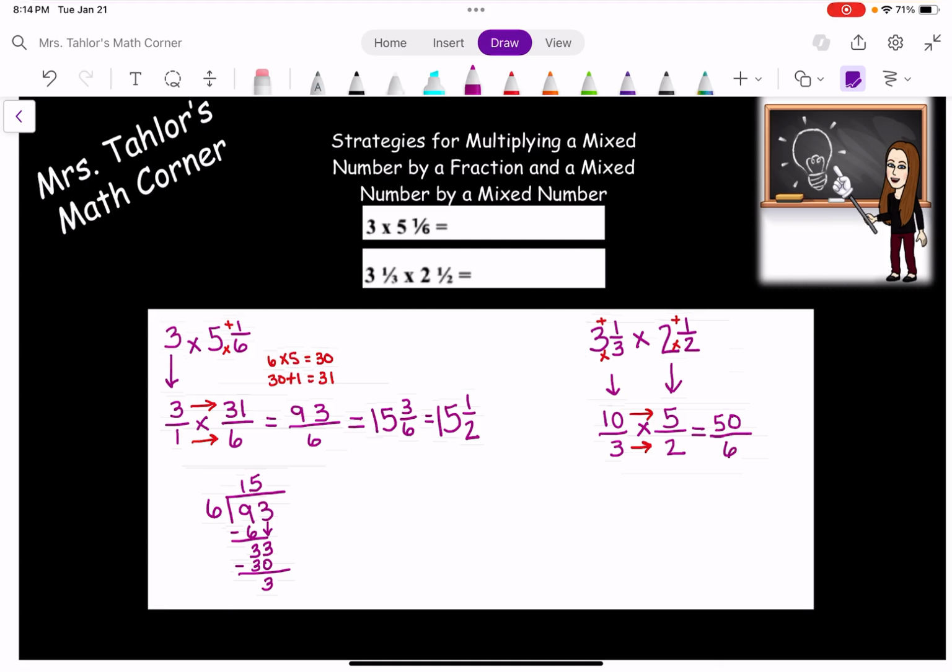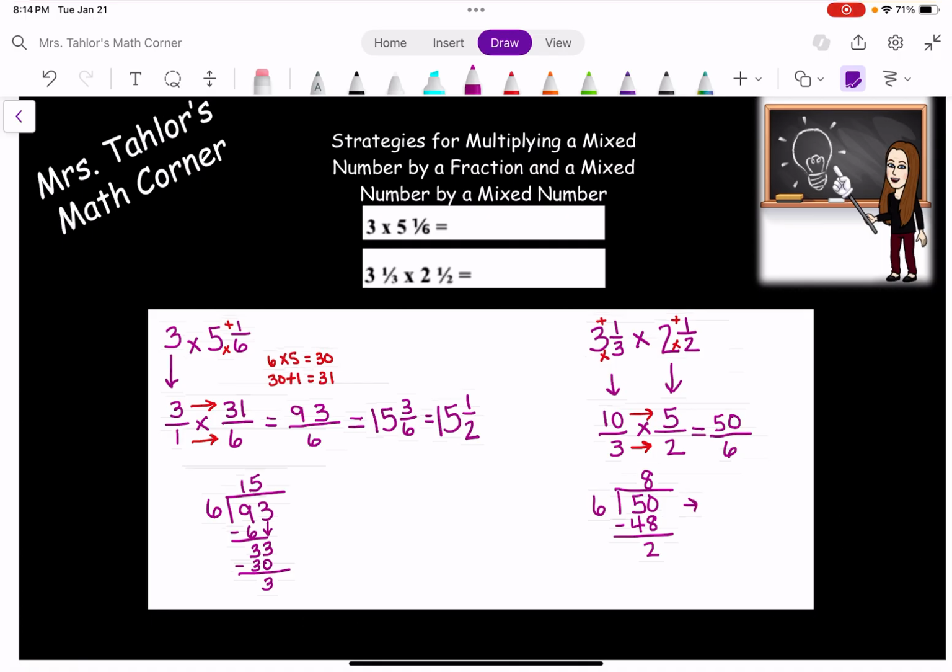Only, once again, I have an improper fraction, so I will need to divide, because fractions are division. 50 divided by 6. The numerator is the dividend, and the denominator is the divisor. So, I know that 6 times 8 is 48, and 50 minus 48 equals 2.